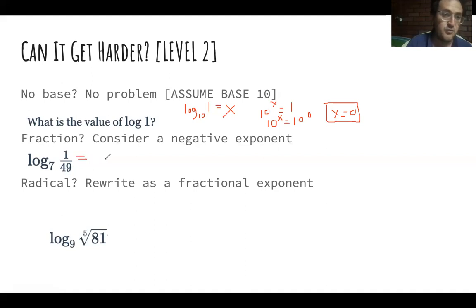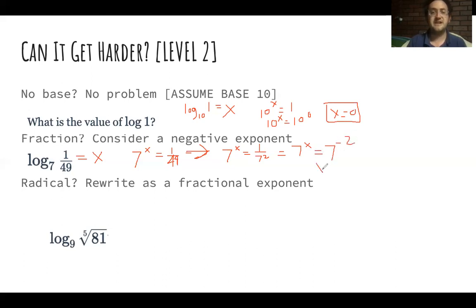So we might have 7 to the x equals 1 over 49. And the 1 over 49 translates into 1 over 7 squared. So this would be 7 to the x equals 7 to the negative 2, making x equal to negative 2.